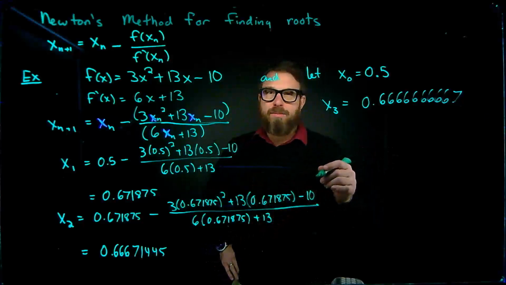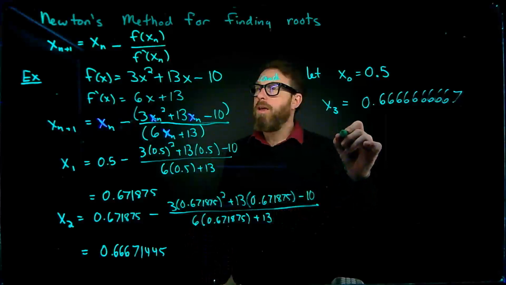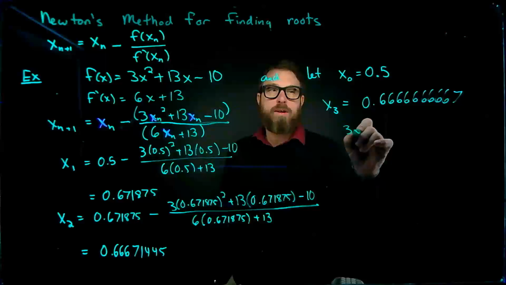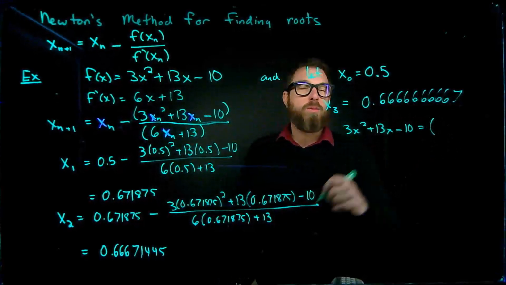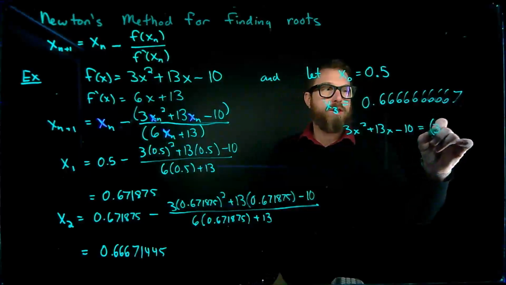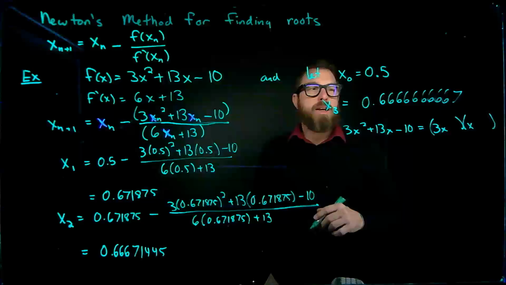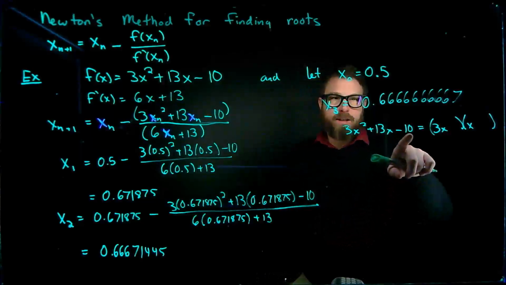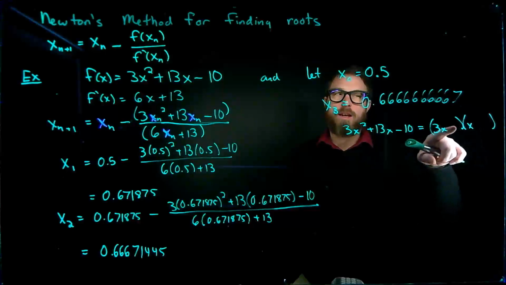Now, let's just verify that this is a 0, and that'll be it for this. So if I have 3x squared plus 13x minus 10, this thing I will factor into a 3x, and then an x. Now, in order for me to get negative 10, it could be a 1 and a 10, a 2 and a 5.